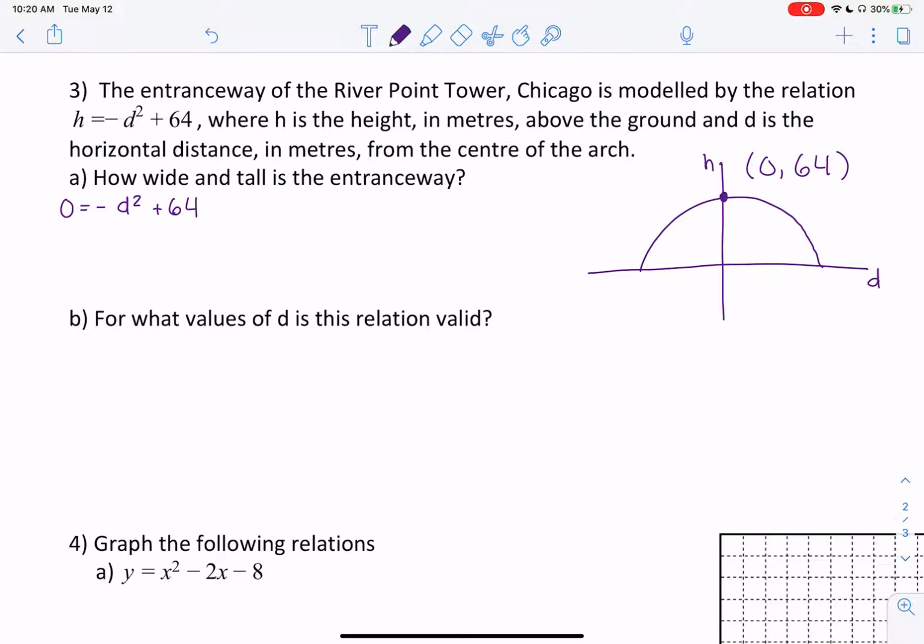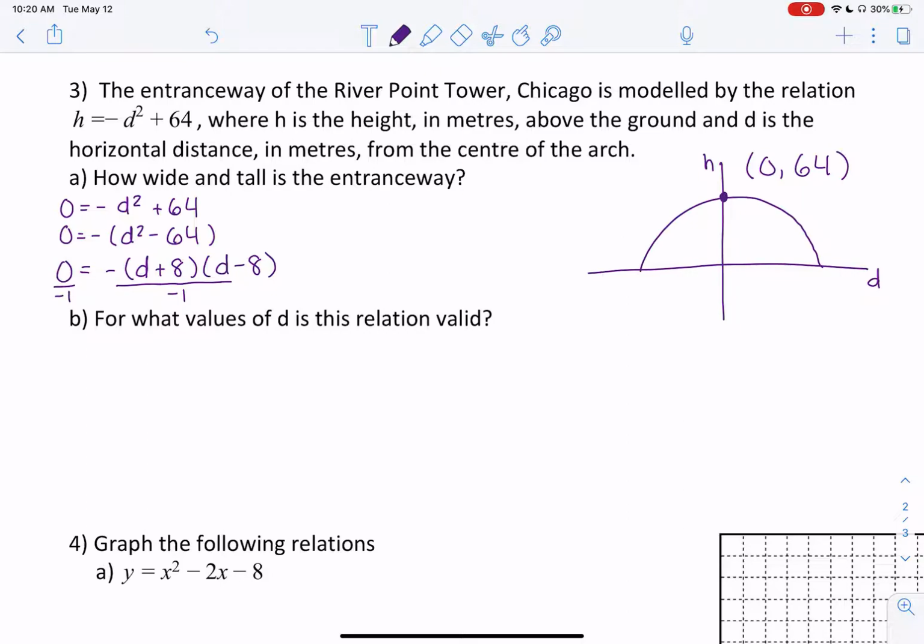Because I have a negative in front of the d squared, I'm going to common factor that out. Now I need to factor the stuff in the bracket. So this is actually a difference of squares. So we can factor that right away. Like that. And then that negative 1 is multiplied to everything.